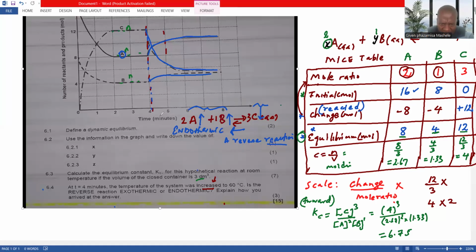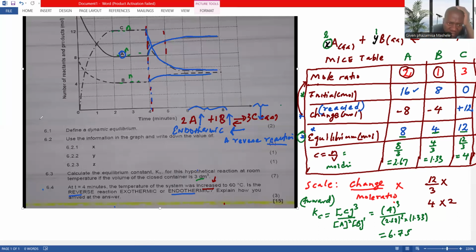It means the reverse reaction is favored. And if the reverse reaction is favored, it means the reverse reaction is the one which is endothermic. Why am I saying this? They're saying we need to explain why.